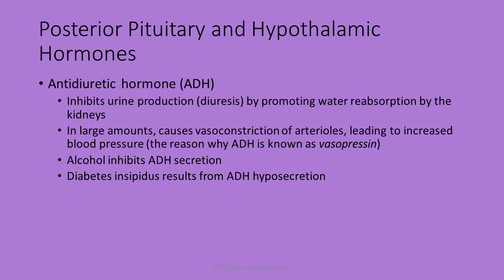Depending on circumstances, this hormone will inhibit the production of urine, basically not allowing as much water to be released in your urine. Instead, it retains more of the water in you, so you do not become dehydrated. When large amounts of ADH are being produced, it can actually be involved with helping to increase your blood pressure as well. Alcohol is something that's going to inhibit the ADH.